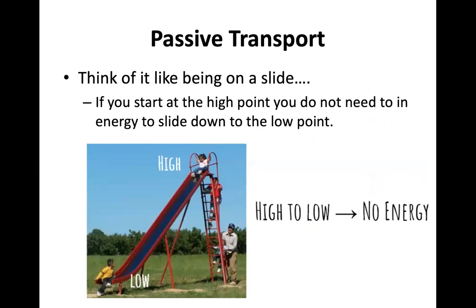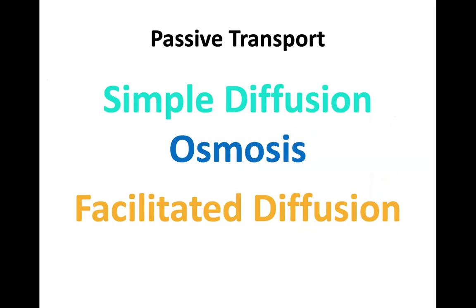So, just like I've said, my hill, you can think of it like a slide. So if you start at the highest point, okay, you don't need energy to get to the bottom, right? So there are three types of passive transport we're going to talk about. Diffusion, facilitated diffusion, and osmosis, okay?